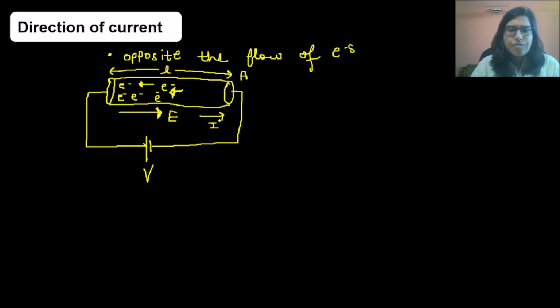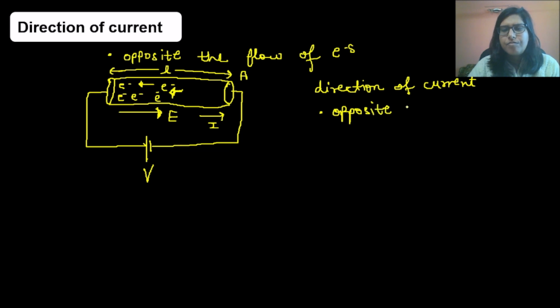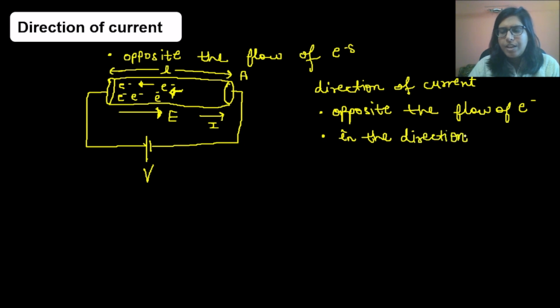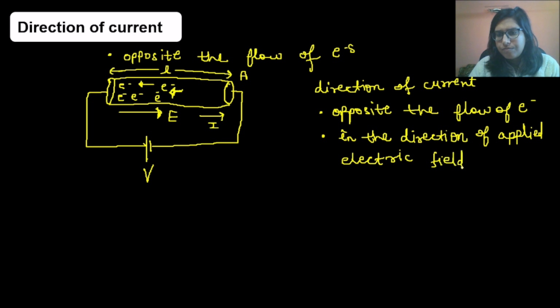So we can say direction of current is, first, opposite the flow of electrons, or we can say in the direction of applied electric field, or we can say from high voltage to low voltage.